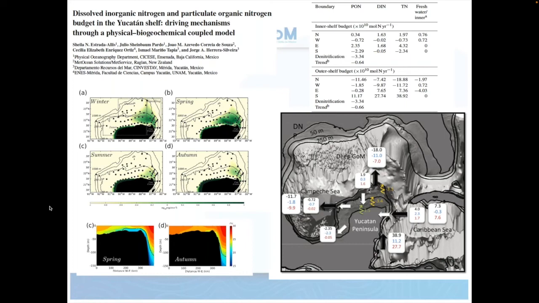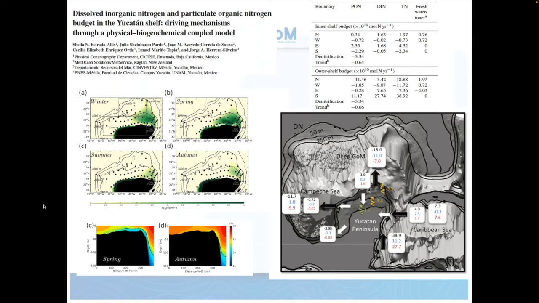The bottom panels show a cross section along the Yucatan peninsula at about 21 north, more or less. In these two panels you see the signal in spring and in autumn, and you can see the upwelling of cold waters going into the shelf coming from the Yucatan Channel.